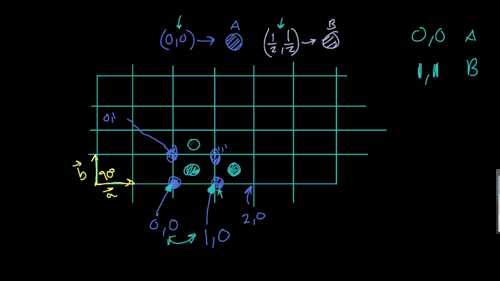I'll draw a few more points here so you can start to see how the basis works. So I'm assigning all of the 1/2 B atoms. Then I'll draw in quickly the A atoms. In reality, the A and B atoms could be the same.